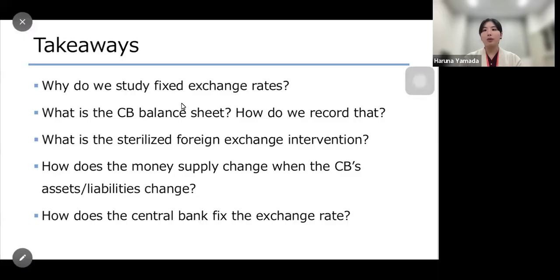We reviewed how the money supply changes when the central bank's assets and liabilities change. And we covered how the central bank fixes the exchange rate by using asset market equilibrium.